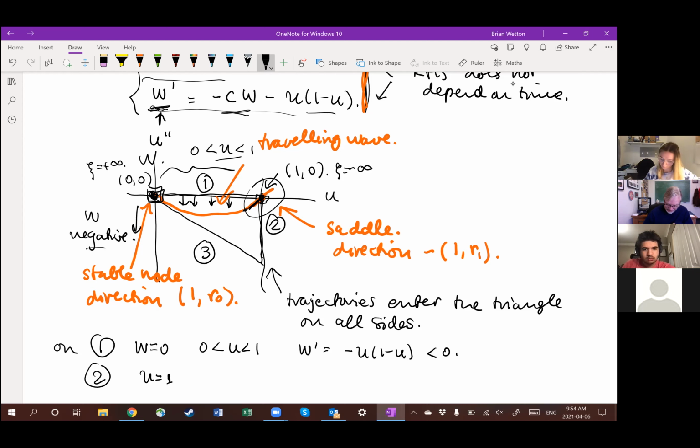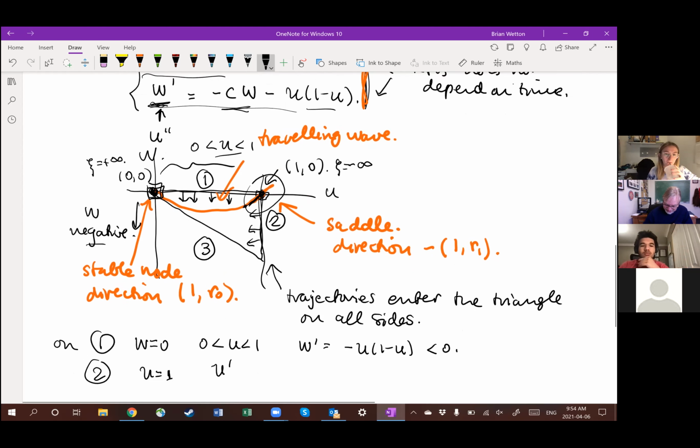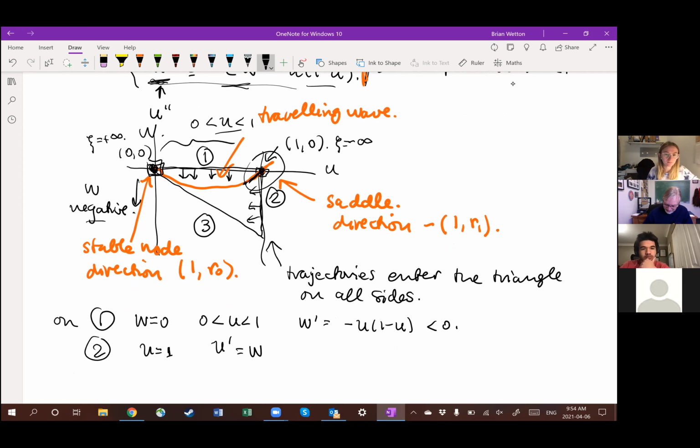Here I've got u is equal to 1, and I want u prime to be negative. Okay, so let's look at u prime. It's w, and that's less than 0 on this side.